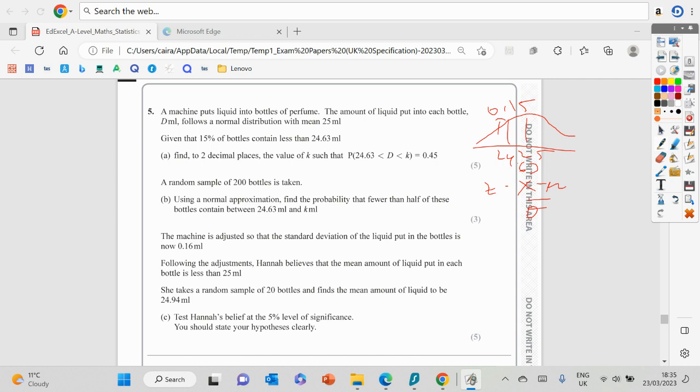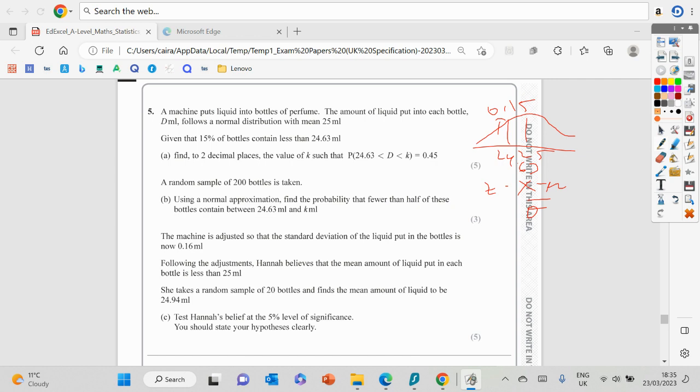Now that, as far as I'm aware, is not given to you in the formula booklet. I think that's one you have to remember. If I just confirm that for you. Yeah, you're not given it. You are given the one for when you're doing sigma over root n, but you're not given this formula, so this is the coding that you've got to remember. X minus the mean divided by the standard deviation. Mean of 0, standard deviation of 1.